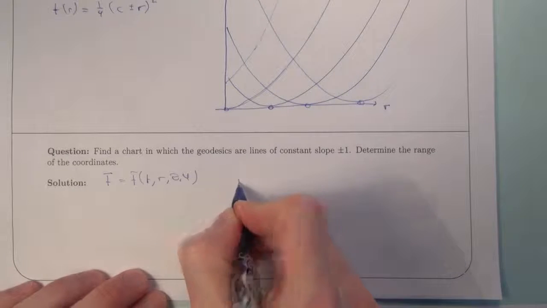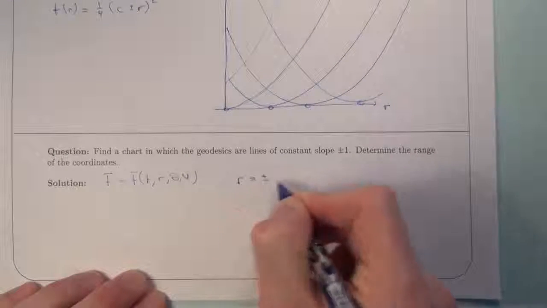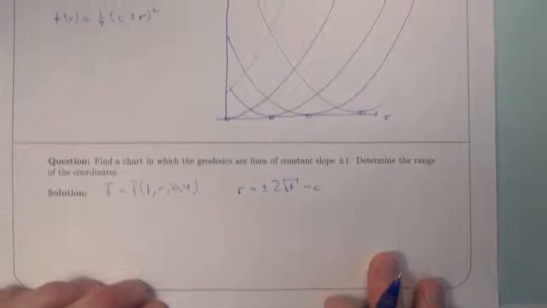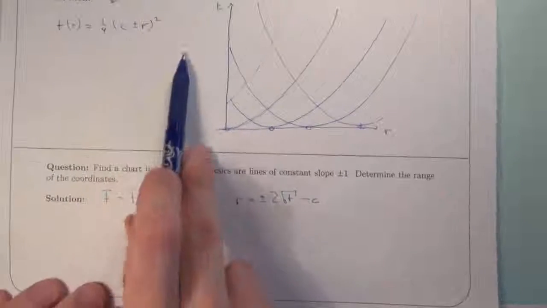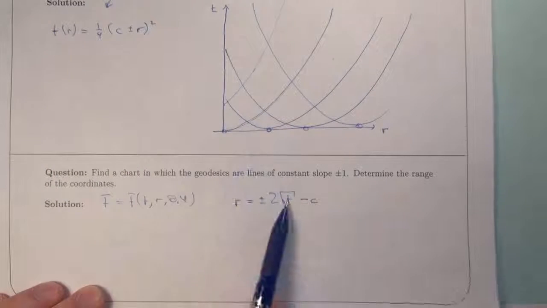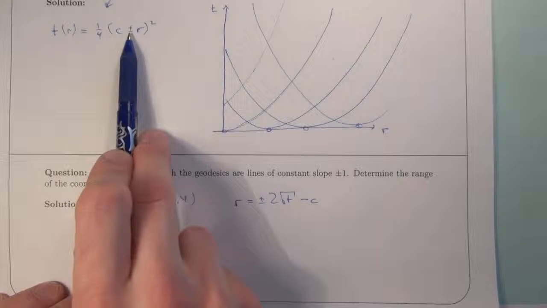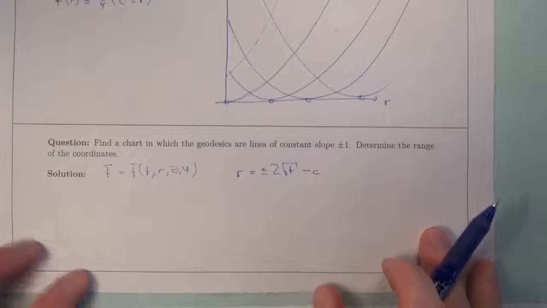That would be r equals plus minus twice the square root of t minus c. See if this is correct. So times 4, and then we take the square root, we get 2 times the square root, and then plus minus because of that one, and minus c should be correct.